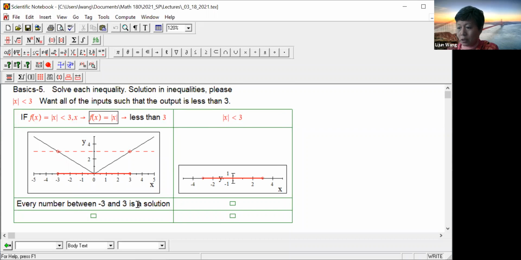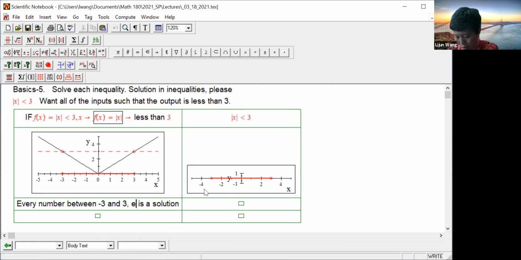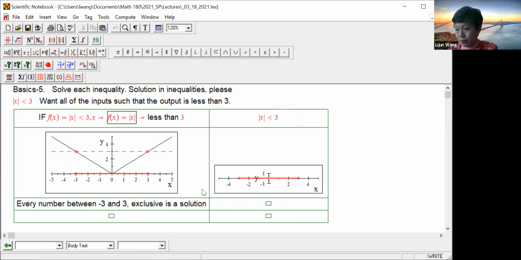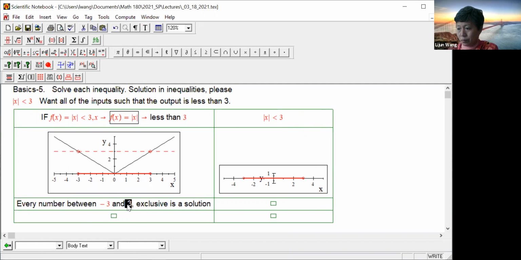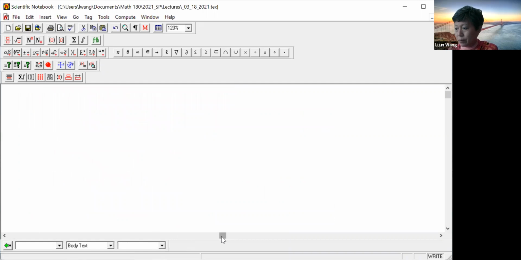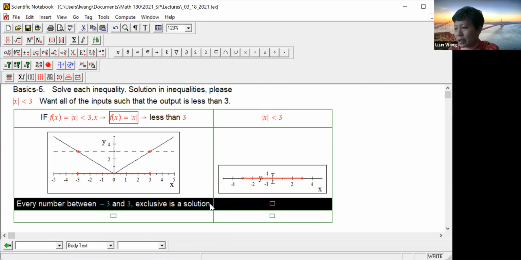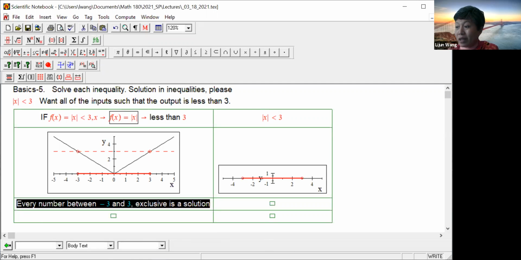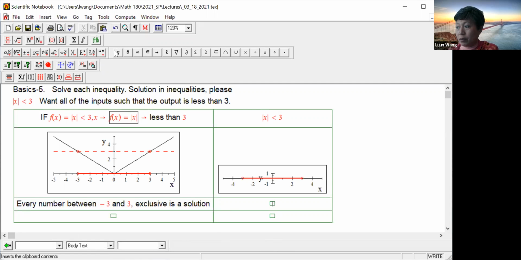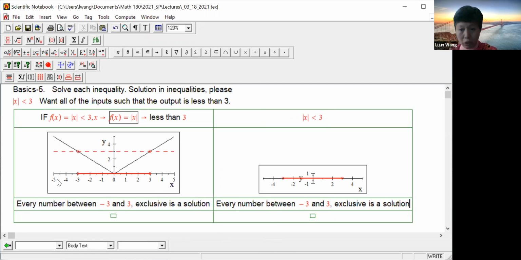And here we're going to put the word exclusive. Do you follow me? This just implies that every number between -3 and +3, not including -3 and +3, right? Not including, because we use circles to express it.